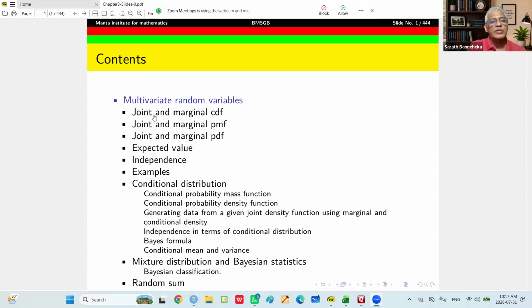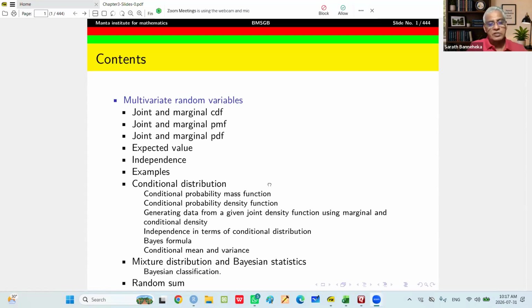We have discussed joint and marginal probability density function and probability mass function, expected value, independence, and then conditional distribution, mixture distribution and Bayesian statistics, and random sum.